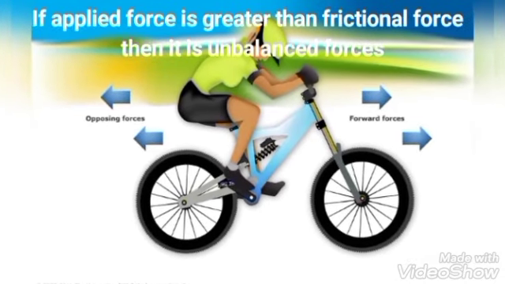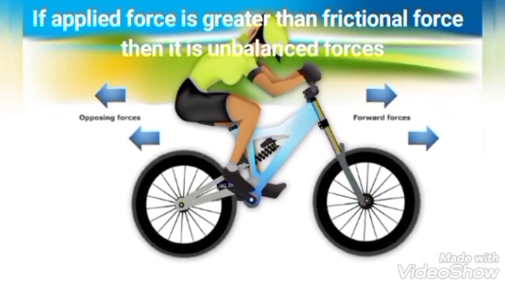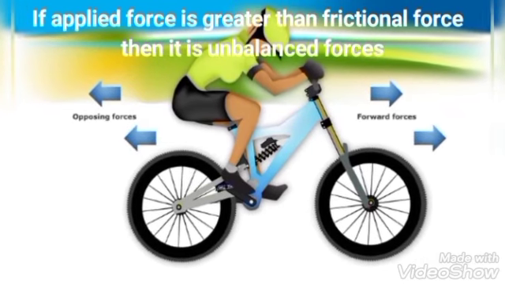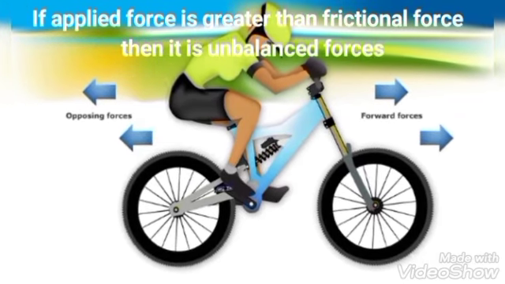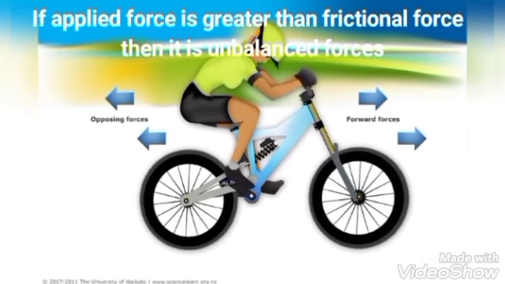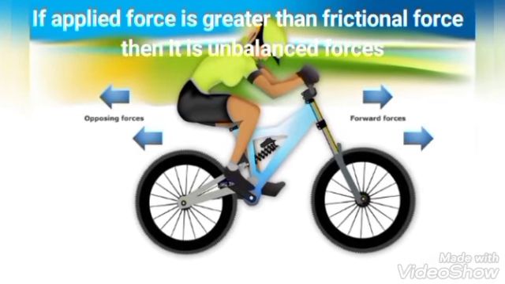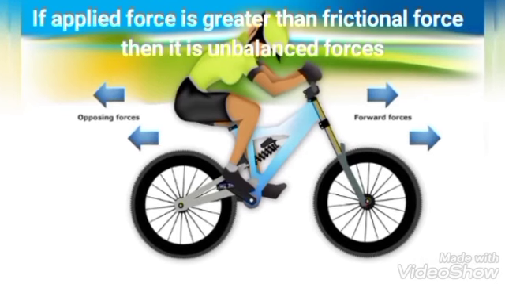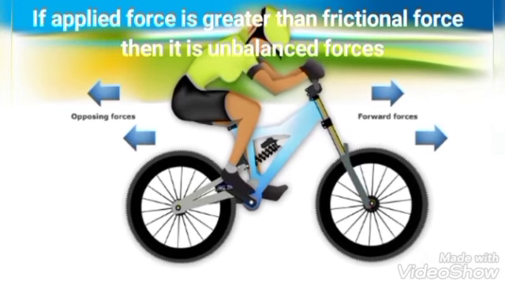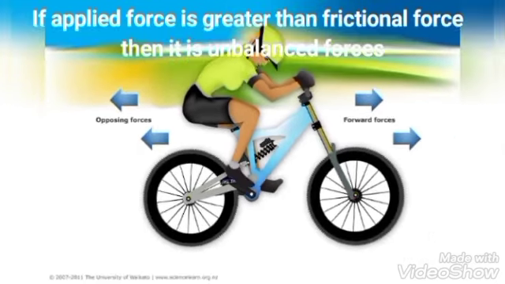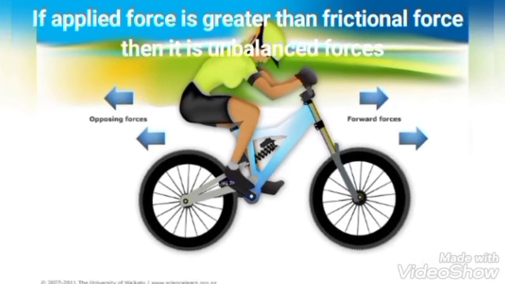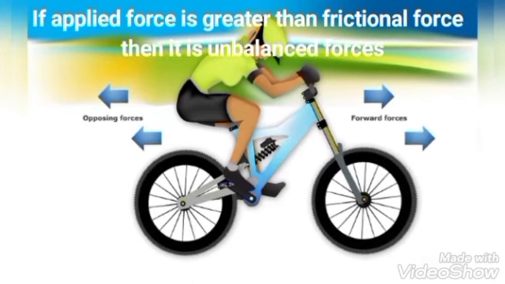We are stopping to pedal the bicycle. So the applied force on the pedal becomes zero. That is less than the frictional force. So the frictional force opposes the motion of the bicycle and the bicycle stops. Okay. Hope you understand this.